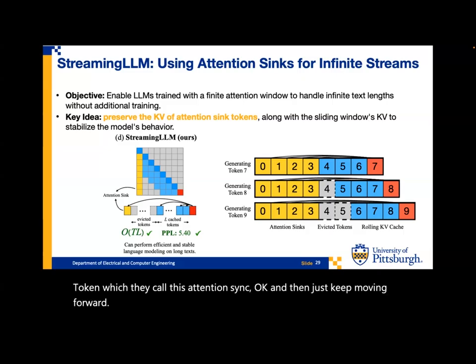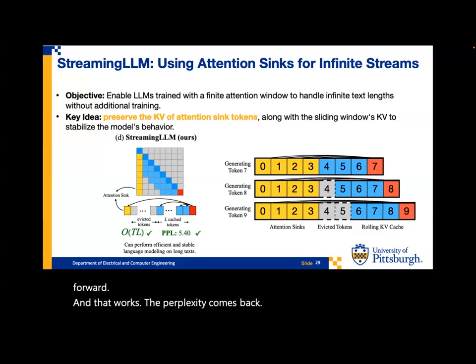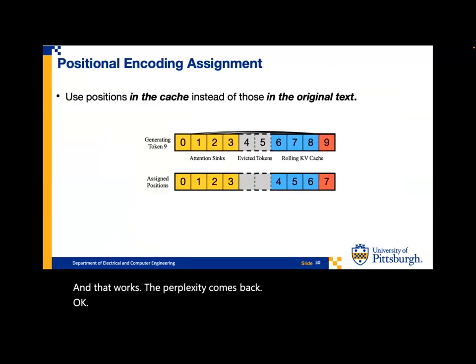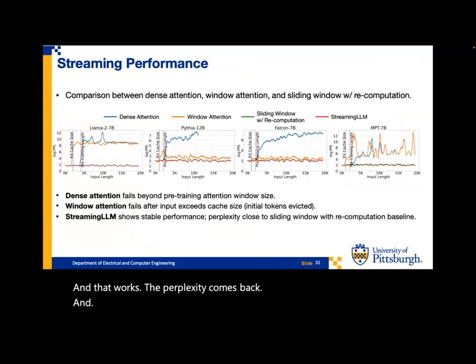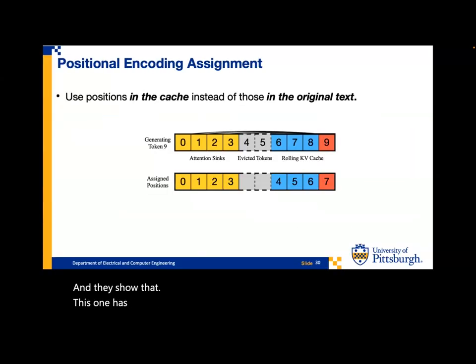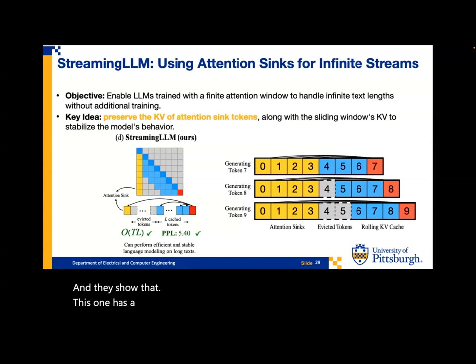And that works. The perplexity comes back, and they show that this has better accuracy. But then the question is, why does the first token have so much attention?